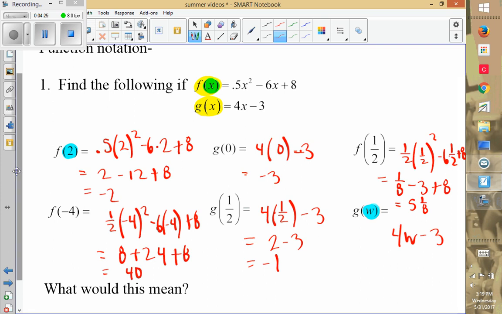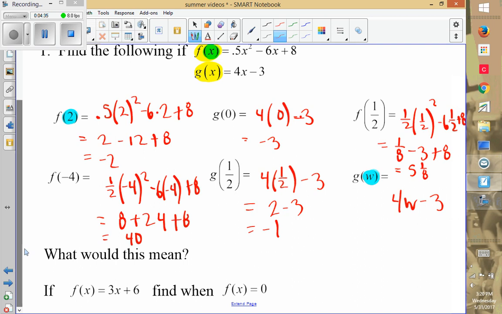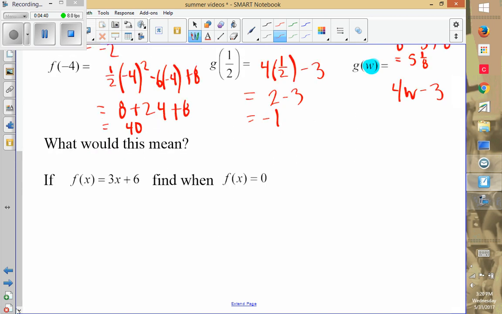Now, there's two types of problems that could be asked when you're talking about function notation. You have the first way that I just explained right there. And then we have the second way, which would be the problem that's on the board. What would this mean if I'm asking if f of x is equal to 3x plus 6?